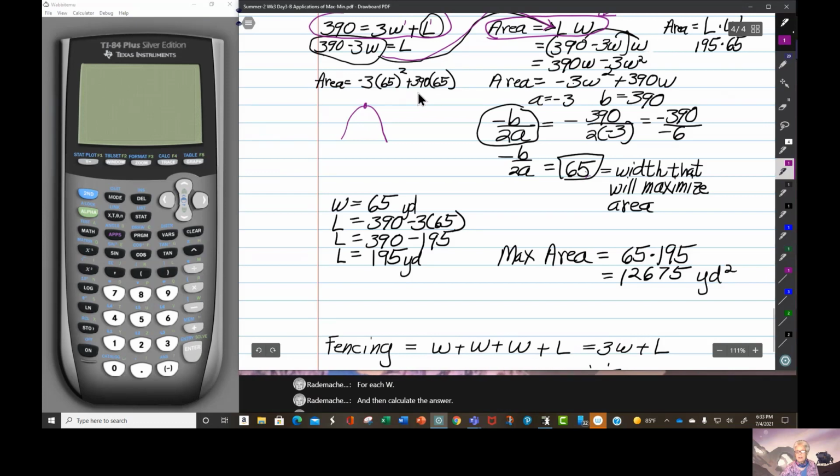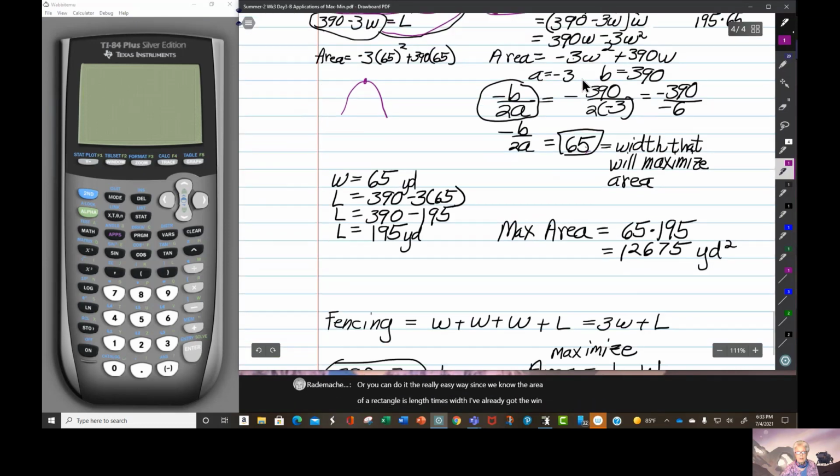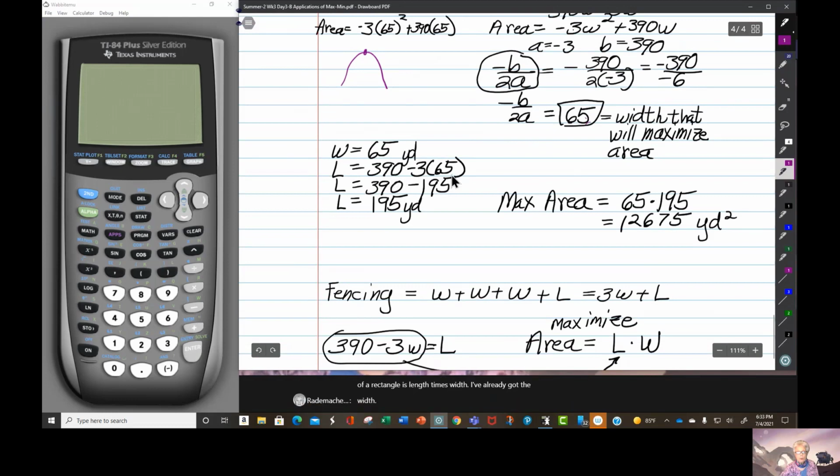Or you can do it the really easy way, since we know the area of a rectangle is length times width. I've already got the width. What if we just quickly find the length, which is 195 yards, and then multiply length times width?